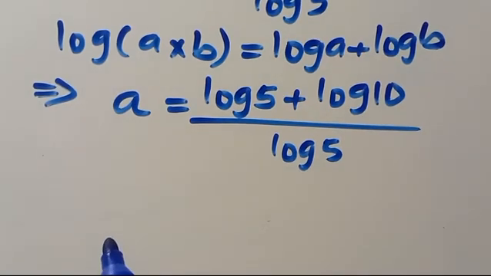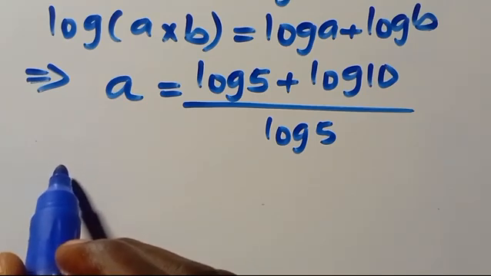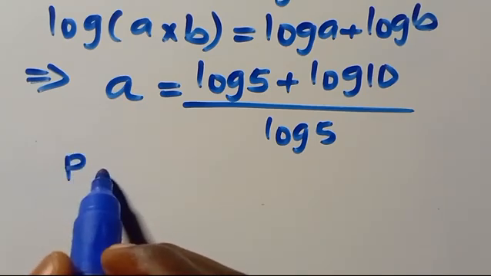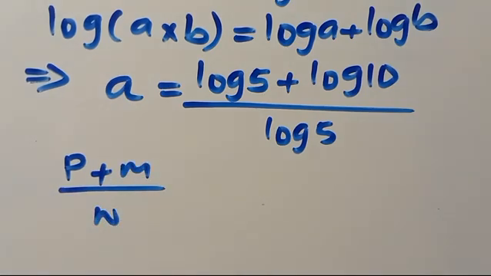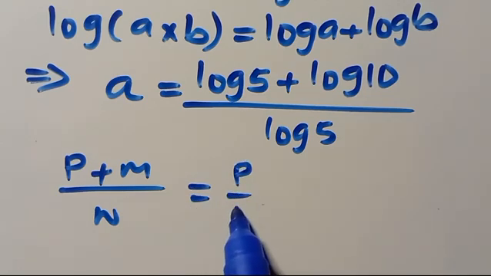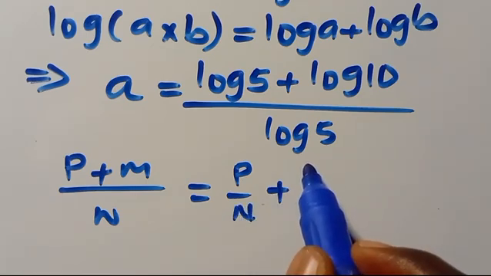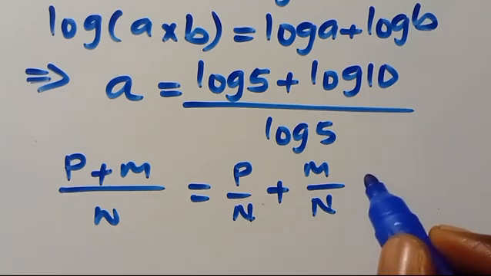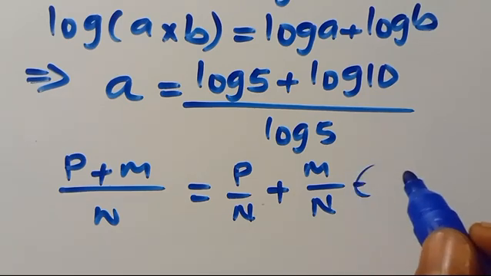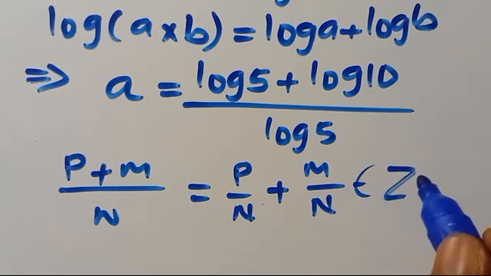So from here, we have to recall that when we have p plus m over n, we can have this as p over n plus m over n, such that p, m, and n are all constants, or say they are all members of positive integers.